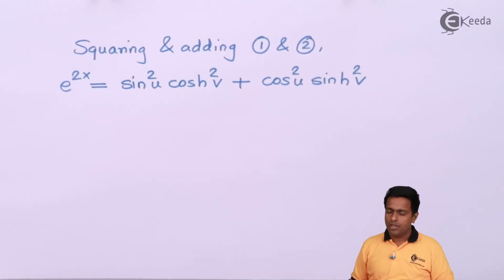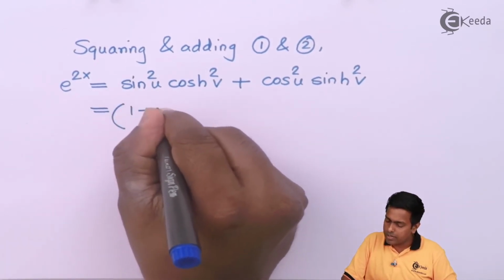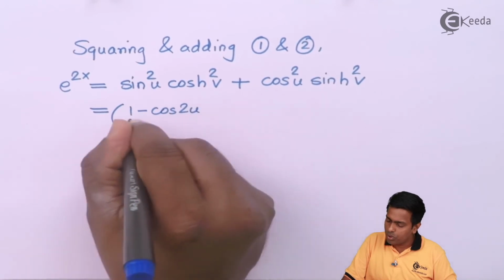So let's start with that. Here I'll be using few formulae of trigonometry and few formulae of hyperbolic function to bring that result. For sine square u, we will use the formula which is 1 minus cos of 2u upon 2.